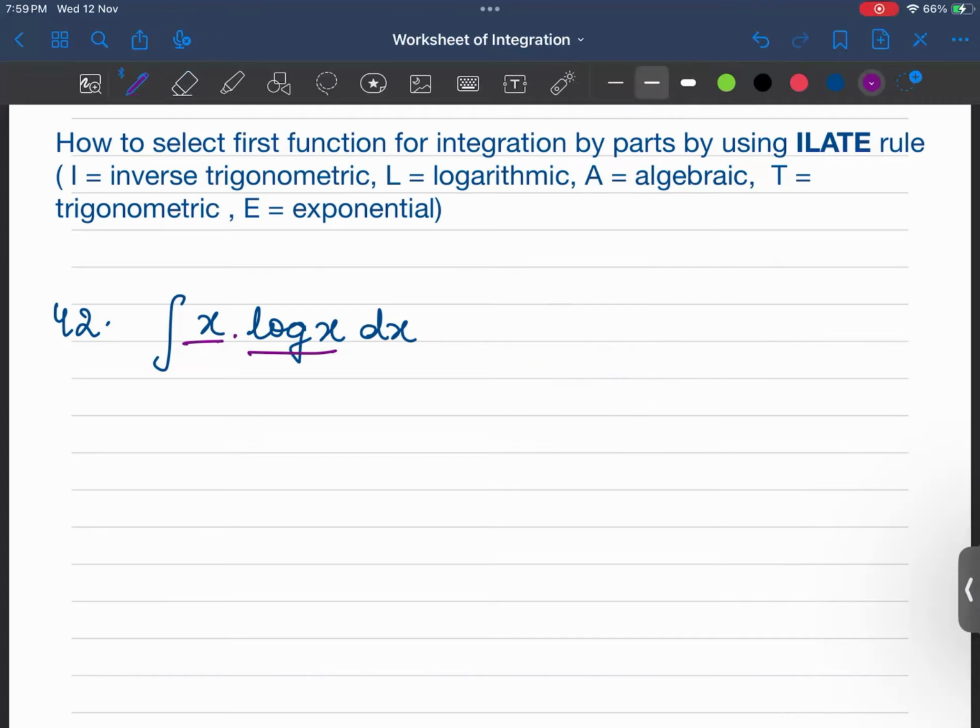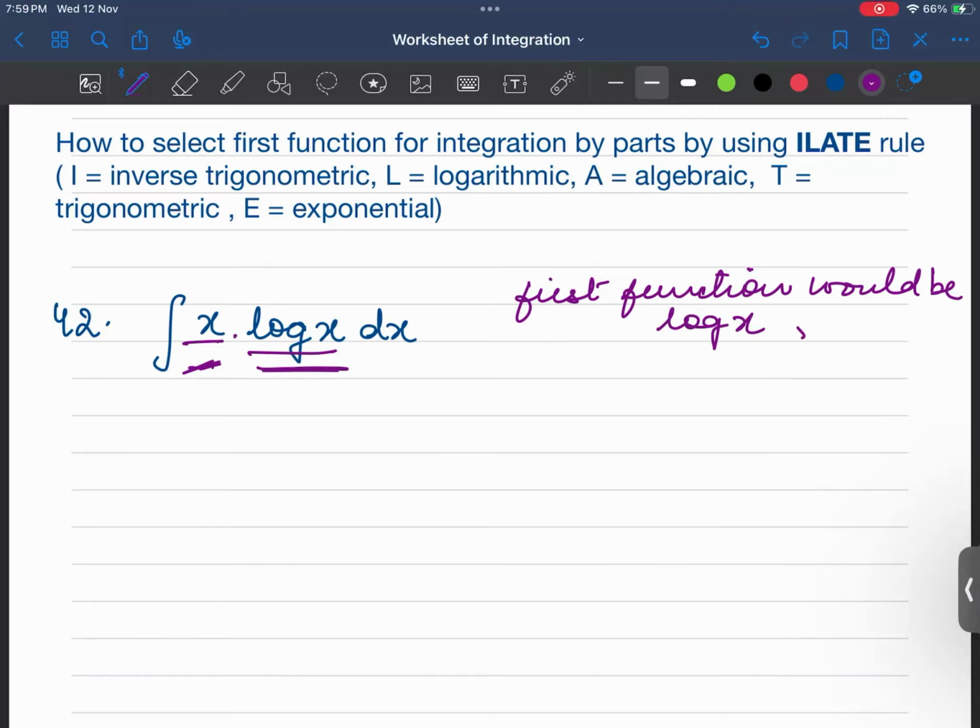And as we know the rule, which one would be our first function? We all know it is LAE. L is log, A is algebraic function, and E exponential is not given. So in this case, my first function would be log x, and the second function would be x. I think it's clear.